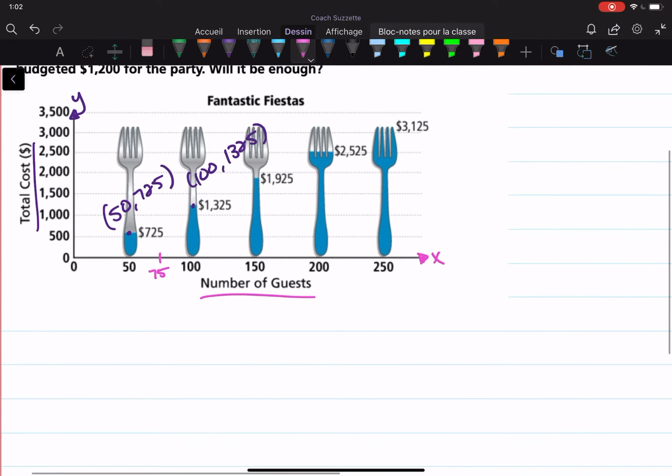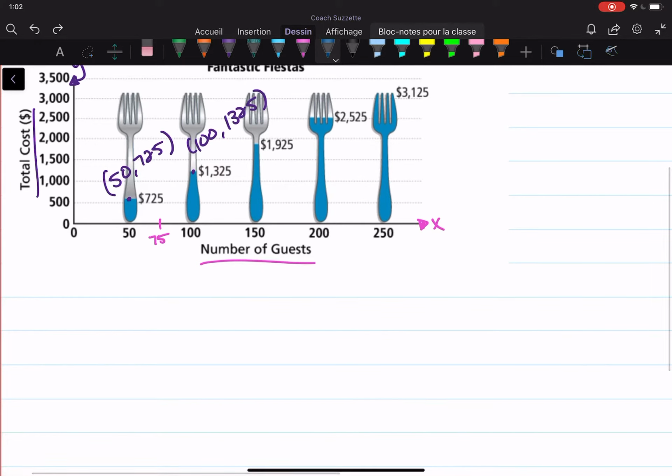First, let's find the slope of the line that passes through these 2 points. We can use our slope formula. So m is equal to the change in y divided by the change in x. If I want to label my points, let's say this is the first one and this is the second one, and then I substitute.